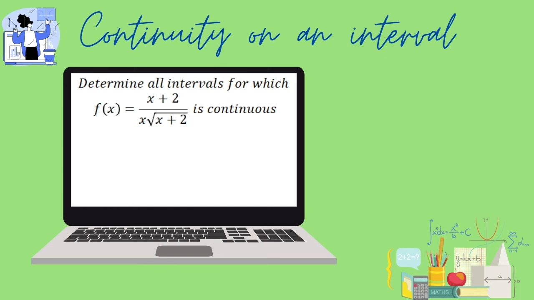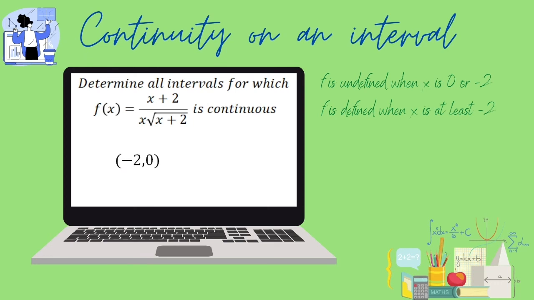From our knowledge of domain of rational and radical expressions, f is undefined when x is 0 or negative 2. F is defined only when x is at least negative 2. Since there are no function values when x is smaller than negative 2, the first interval where f is continuous is when x is greater than negative 2 but less than 0.